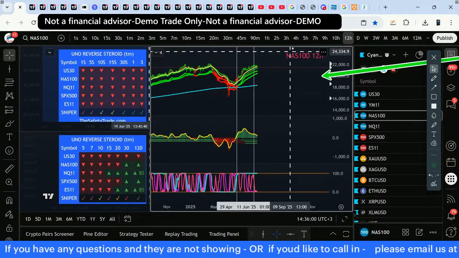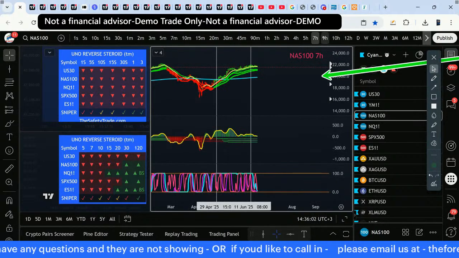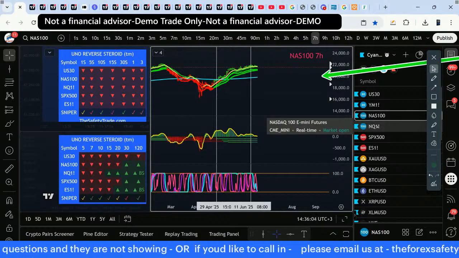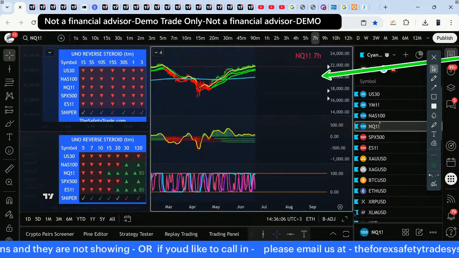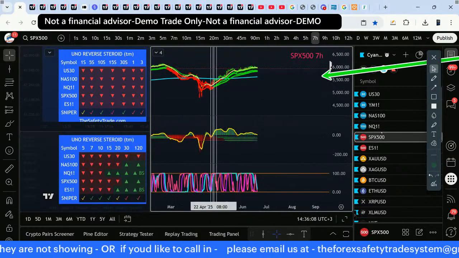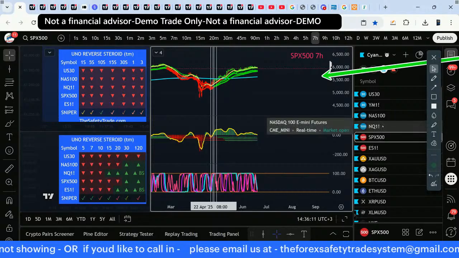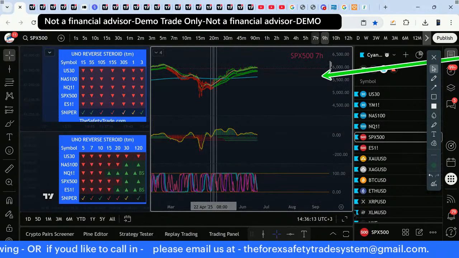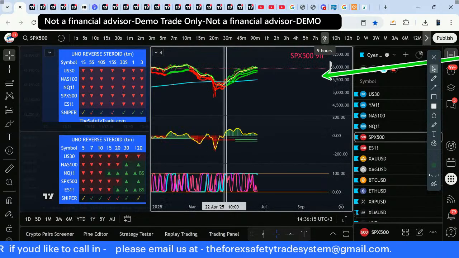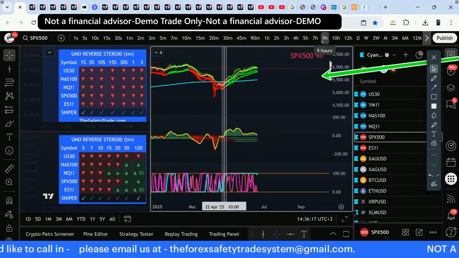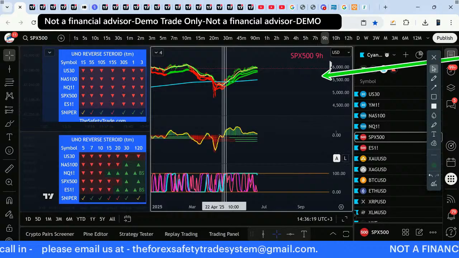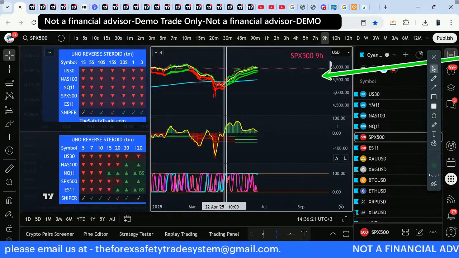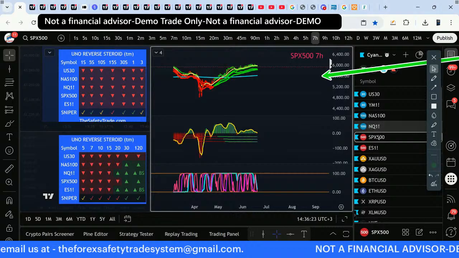It is a 7-hour buy stop NAS. It is a 7-hour buy stop NQ1. It is a SPX, looks like a 7. 7 it looks like, because I don't believe. Yeah, 7-hour buy stop SPX 500.